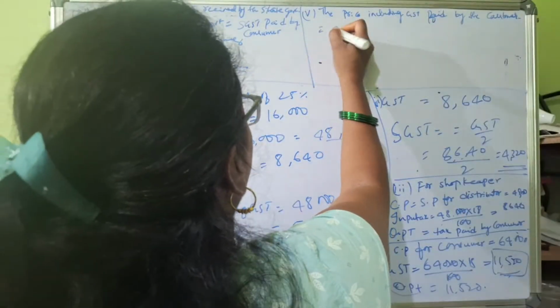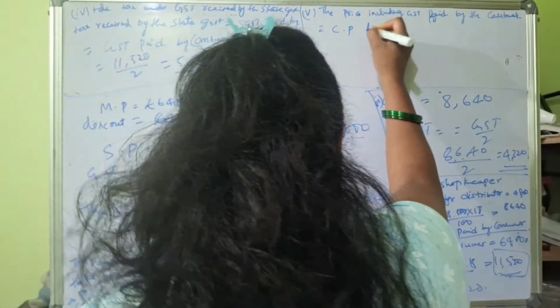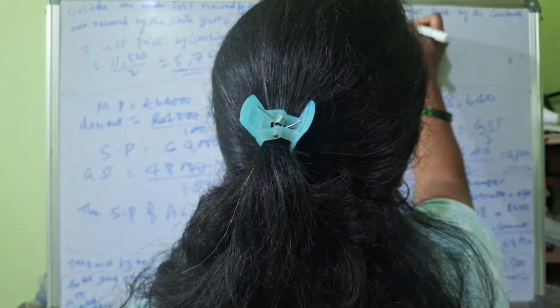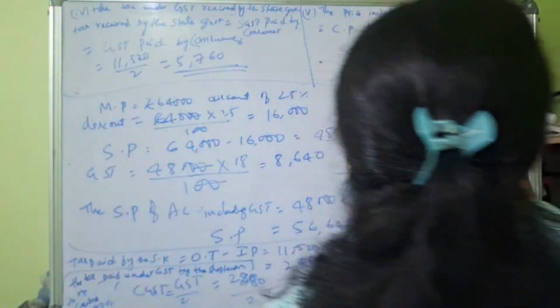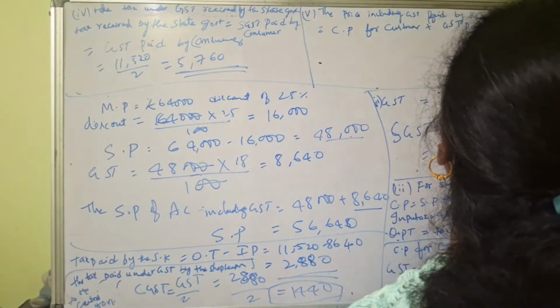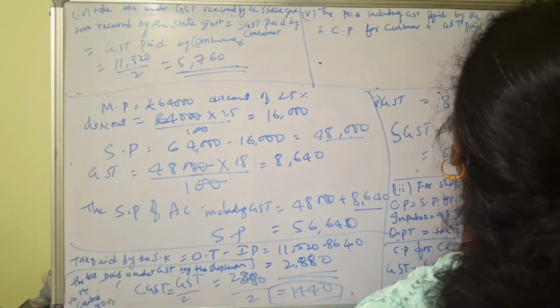So which is equal to cost price for the customer plus GST paid by the customer.